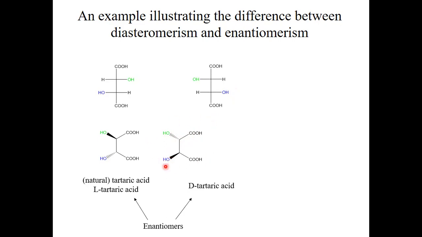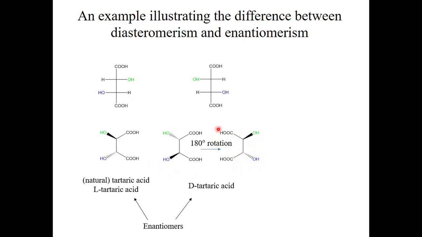It is easier to see that these two are mirror images of each other when we actually rotate this isomer here by 180 degrees around the carbon-carbon bond. And then the two carboxylic acid groups here point to the left. And this OH group, which formerly pointed into the paper plane, now points out of it. And this OH group, which formerly pointed out of the paper plane, now points into the paper plane.